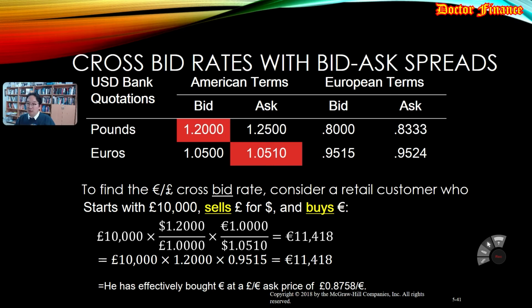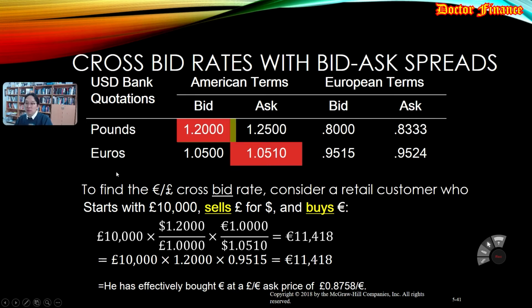Make sense? Right. So that's the ask price when the dealer sells these euros to you, when you are converting the US dollars. You use this one.